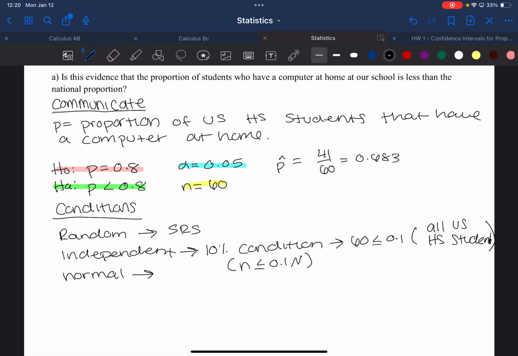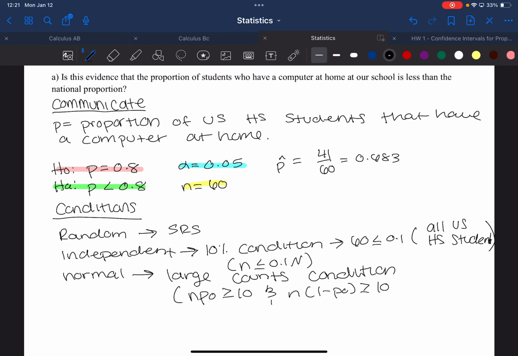Then we go to normal. What condition is used to prove normal? Large counts. I'm going to write large counts condition, or you can write the formula: N times P naught greater than or equal to 10, and N times 1 minus P naught greater than or equal to 10.